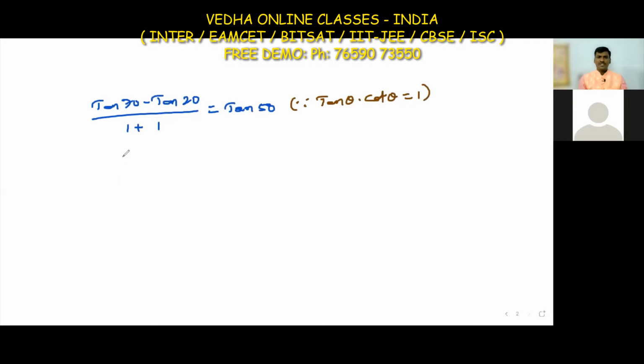Now 1 plus 1 is 2. So tan 70 minus tan 20, and this 1 plus 1 is 2.